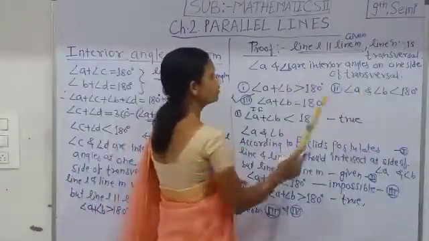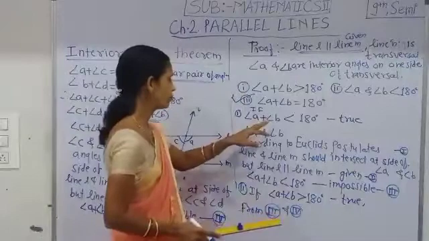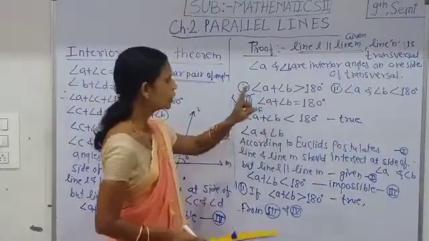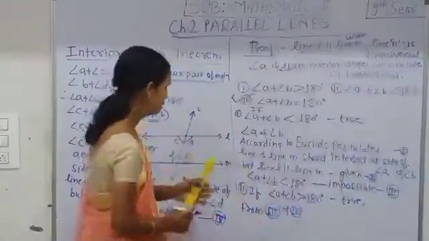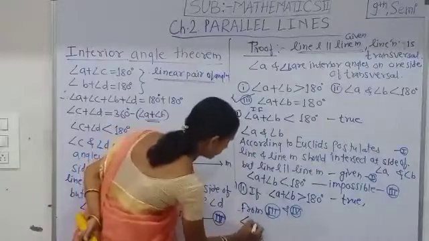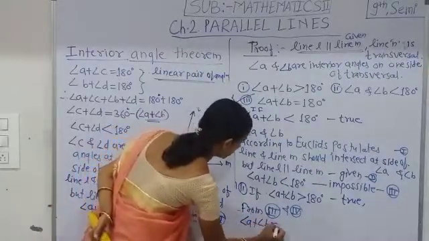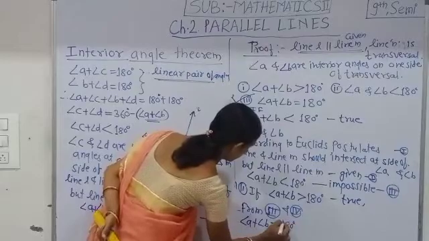Both statements are impossible. Therefore, only one statement is remaining, that angle A plus angle B is equal to 180 degrees.